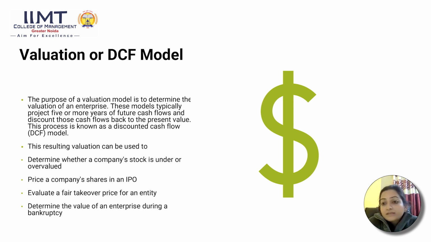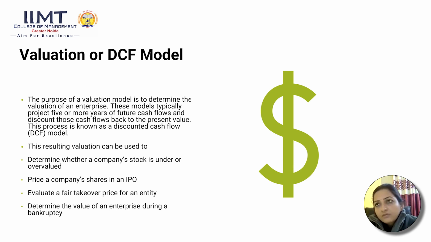I'm going to take an example and elaborate this model. We all know that the value of 100 rupees today is totally different from the value of that money after 5 years. After 5 years, the value of that 100 rupees which is present is going to deteriorate.